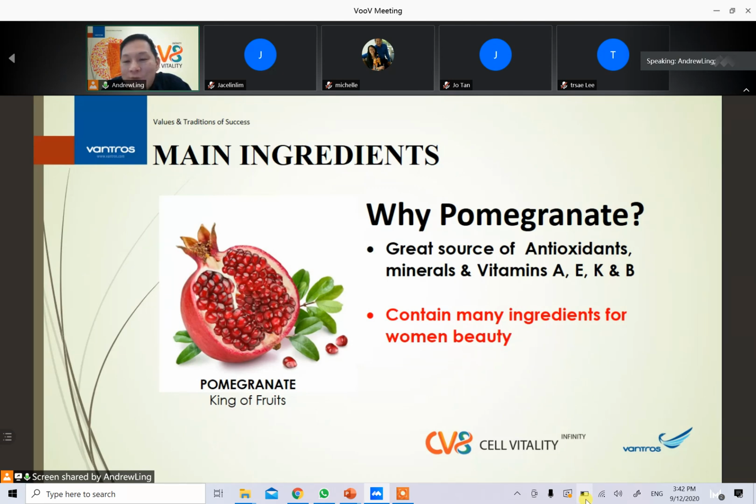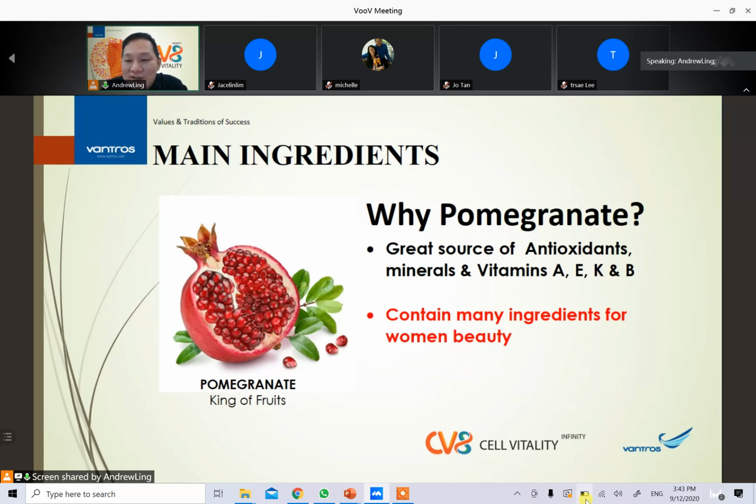And of course, the fourth ingredient is pomegranate. Pomegranate is another very special fruit. In the past, it is mentioned in the Bible, even in the Quran, even in Buddhism.